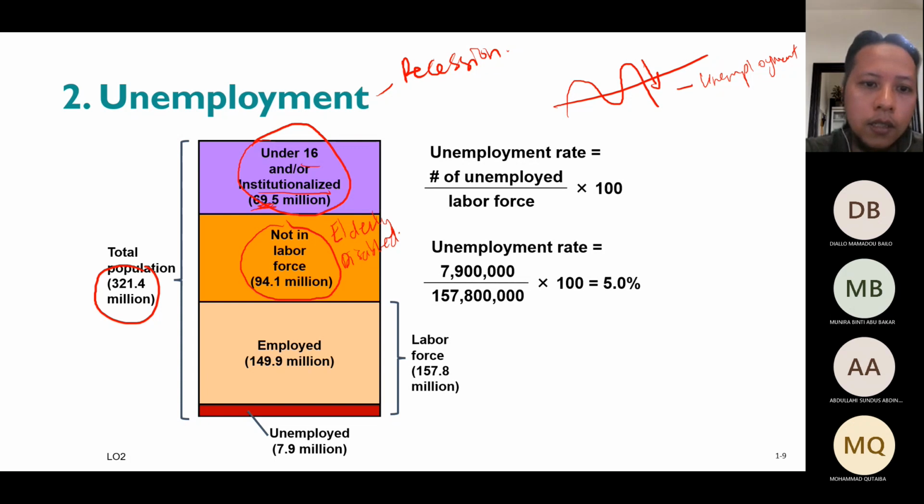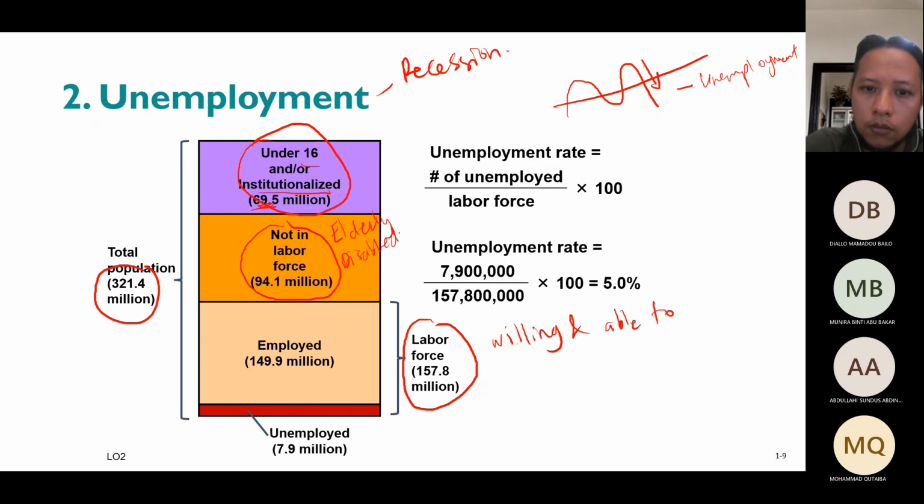Out of that, there are 157.8 million who are what we call the labor force. These are the people who are willing and able to work. Okay, so they must be willing and they must be able to work.